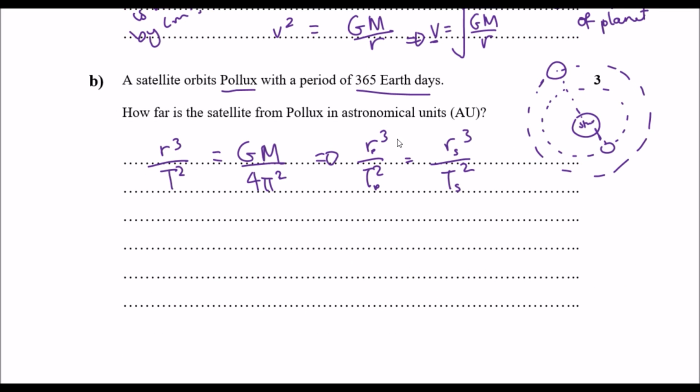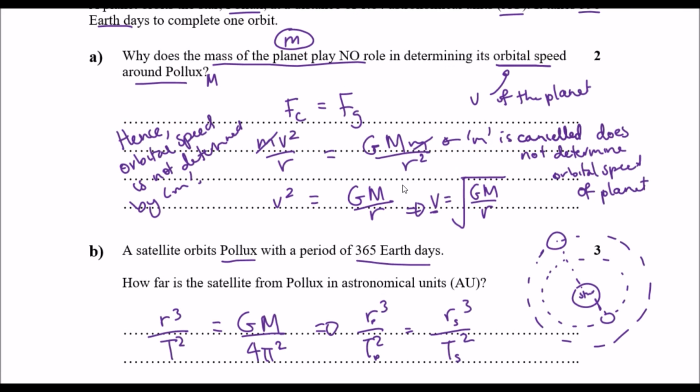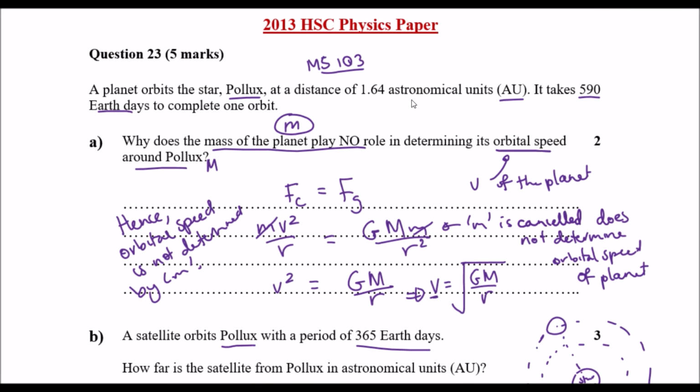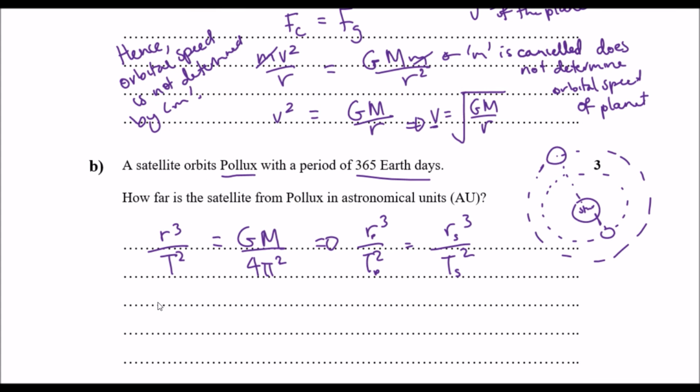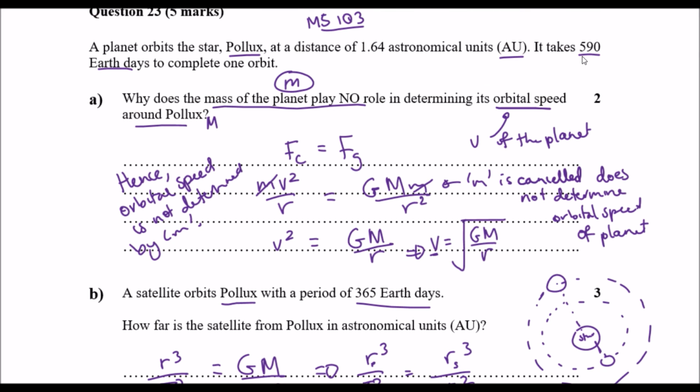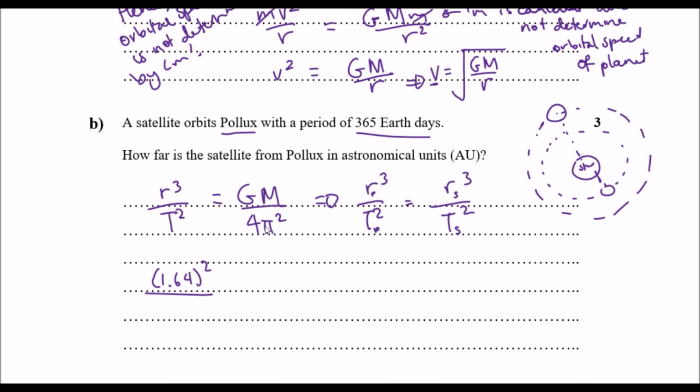So now that we've set up our equation, we can do some substitutions. We know that the radius, or the distance, is 1.64 astronomical units for our planet, and we know that the period for this movement is 590. We want to find this particular distance here.